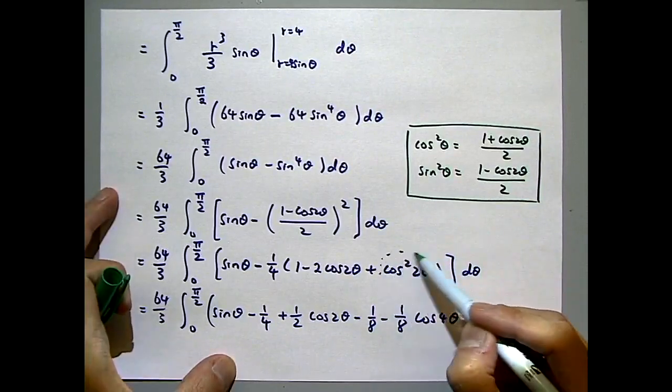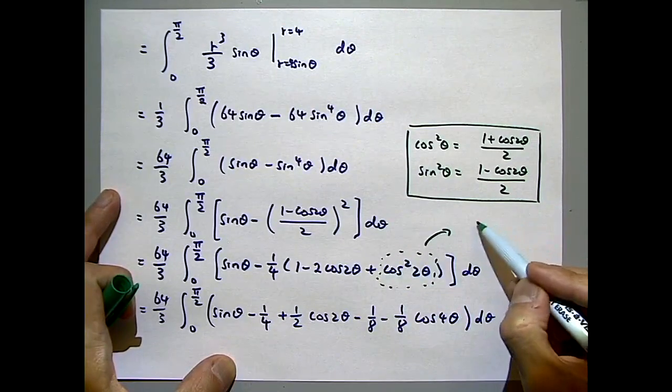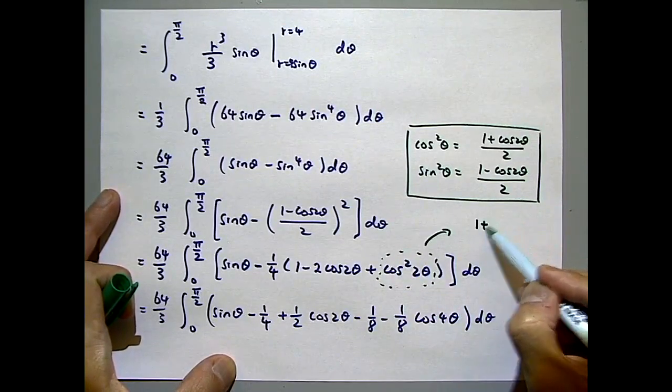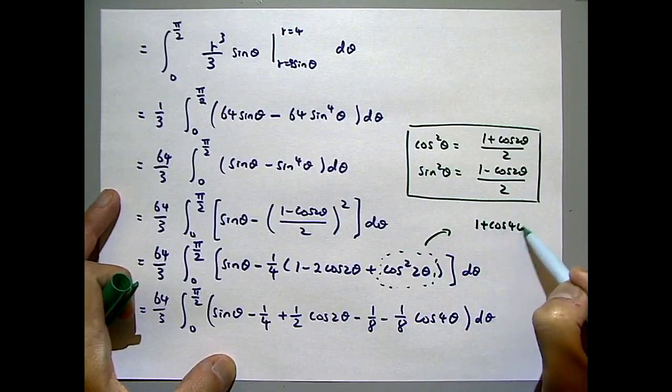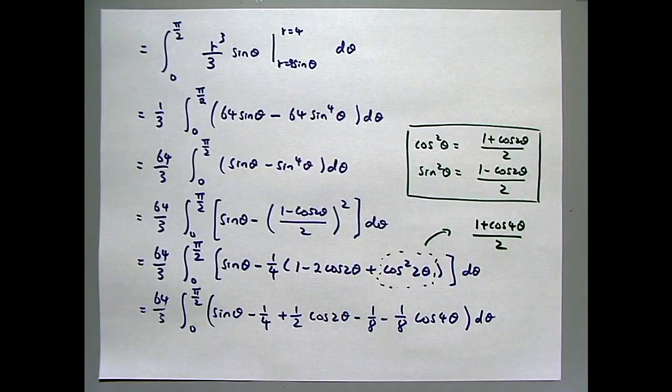So let me fill in the one step here. Okay, so I substituted this into here, and then there's a minus 1 over 4 multiplied by all of that stuff here.